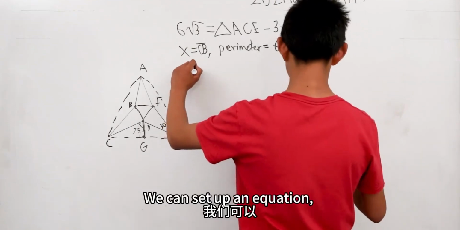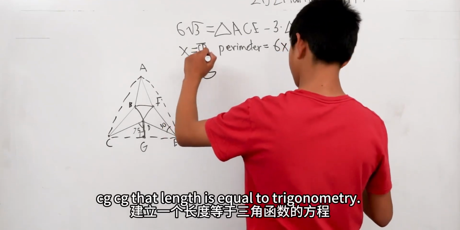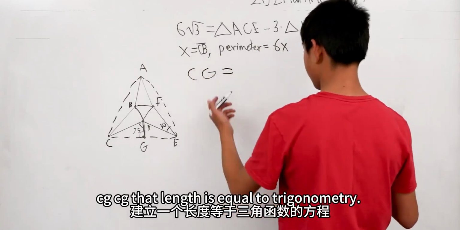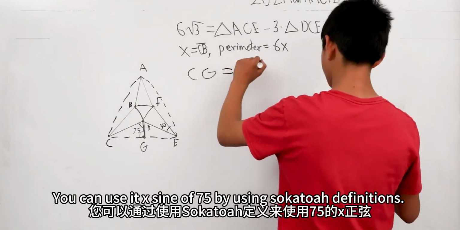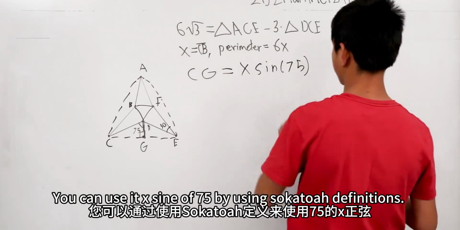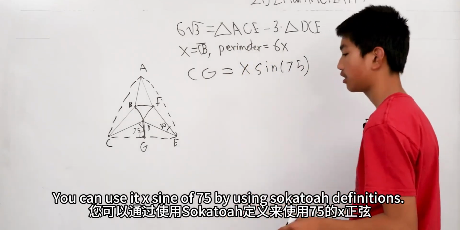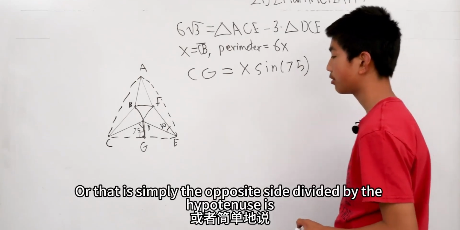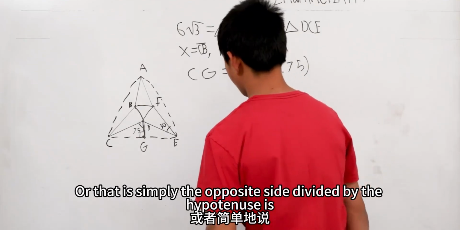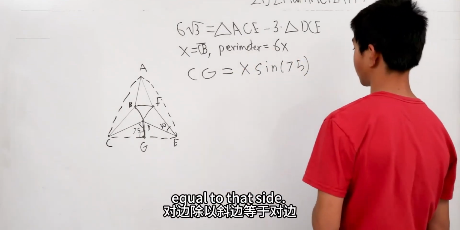So we can set up an equation. CG, that length, is equal to, using trigonometry, x sine of 75, by using SOHCAHTOA definitions, where that is simply the opposite side divided by the hypotenuse is equal to that side.